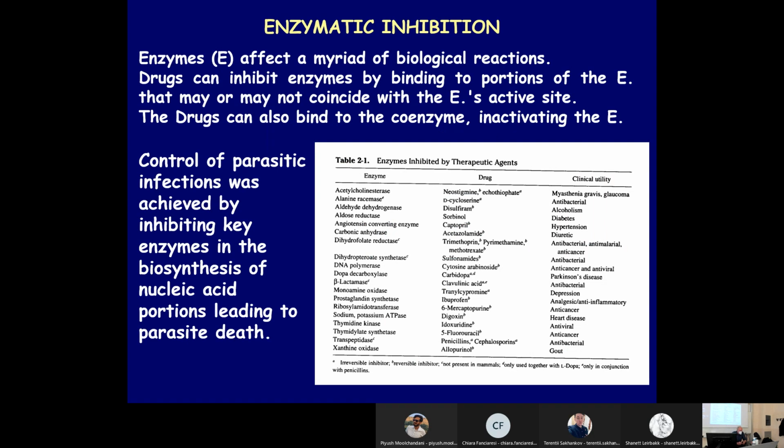Now we have the last point of the introduction part, enzymatic inhibition. During the course of biochemistry, you have seen a lot of concepts, a lot of descriptions about the activity of the different enzymes in our body. Enzymes are important, yes.